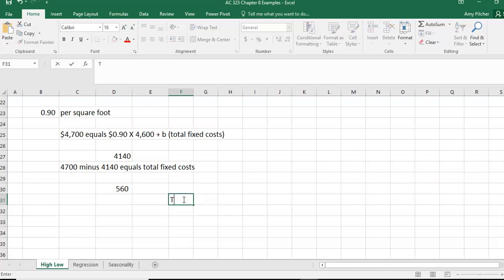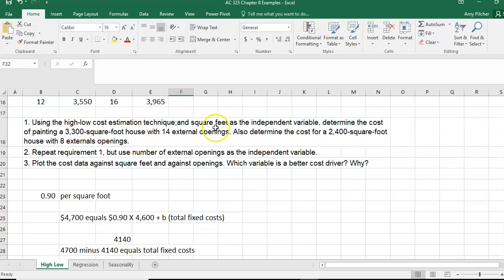So our equation is total costs equal 90 cents times our activity base, plus $560. We can use that to make cost estimates based on the square footage of a house, because our base is square feet. So it says, determine the cost of painting a 3,300 square foot house and a 2,400 square foot house.